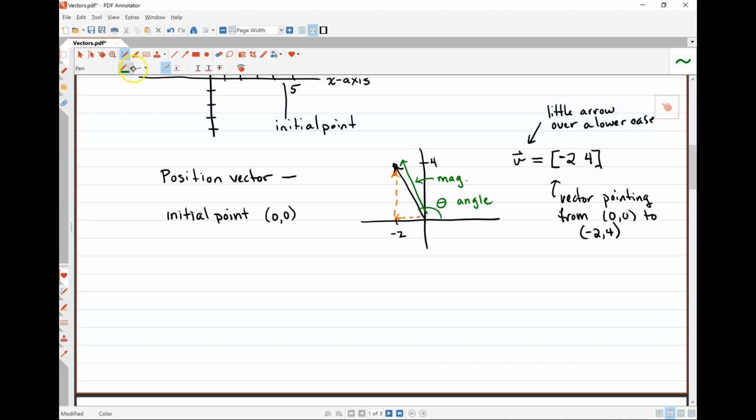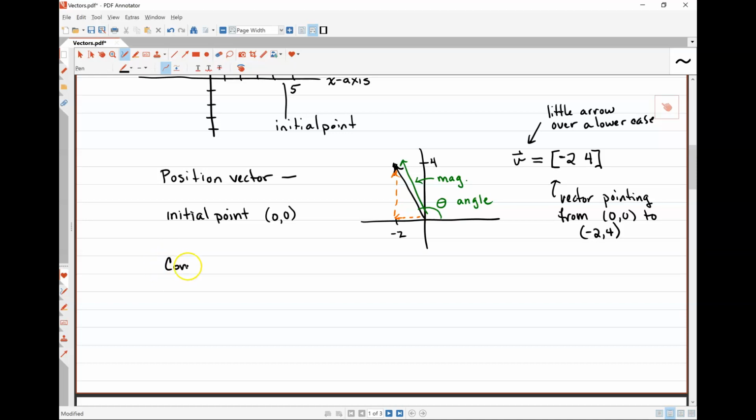So a useful thing to be able to do is to compute back and forth between these coordinates for the point that tells you where the arrow is pointing to, and these other kinds of directions where we have the direction and the magnitude that tells us where to go. All right, so let's take another example of a vector.